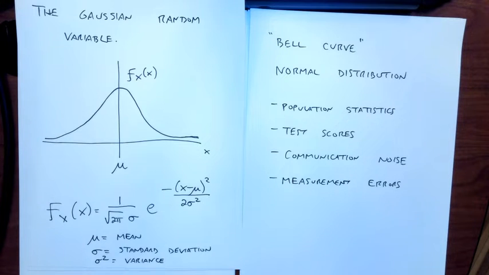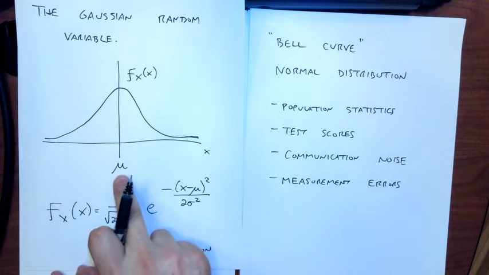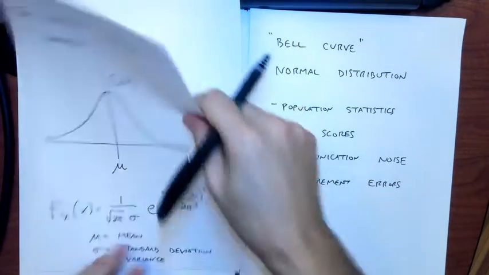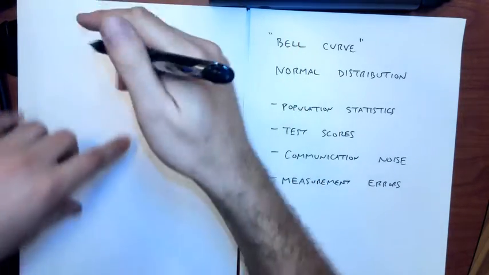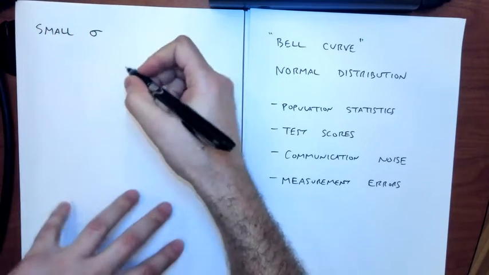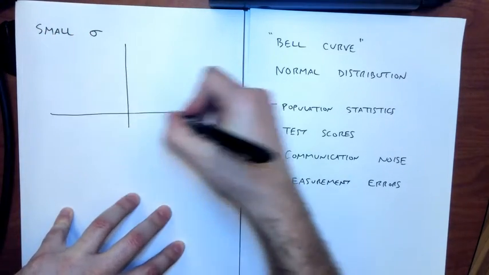And so the intuition is that there's a high probability that I'm close to the mean and a lower probability that I'm out at the edges, right? And the tightness of the distribution is controlled by this parameter sigma, right? So if I have a small sigma, that generally means that things are very close to the mean.